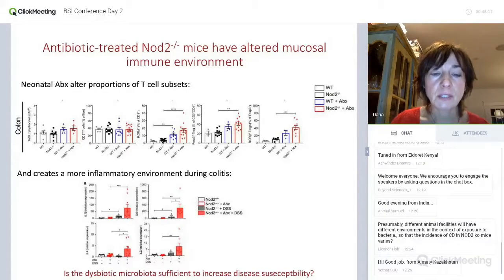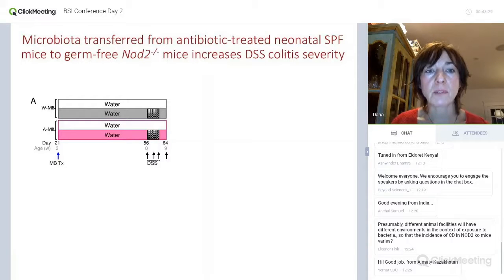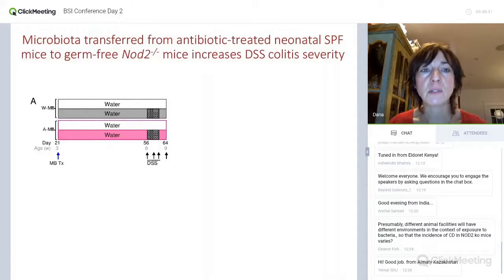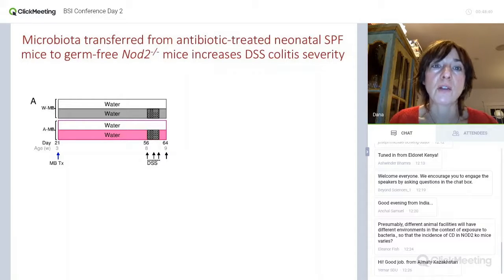Okay, so the next and final question is, is this dysbiotic microbiota sufficient to increase disease susceptibility? The way we wanted to test that was to use the same setup that I just showed you in the previous slide, with antibiotic treatment during the neonatal period. Then we took the stool samples from those mice and transferred them into germ-free Nod2 knockout mice to look at whether this antibiotic-treated microbiota was sufficient to drive increased susceptibility in those animals.